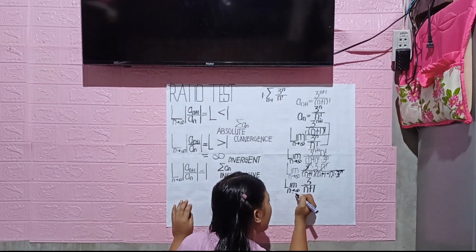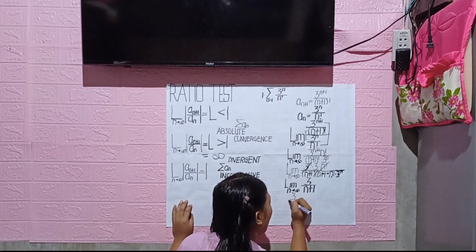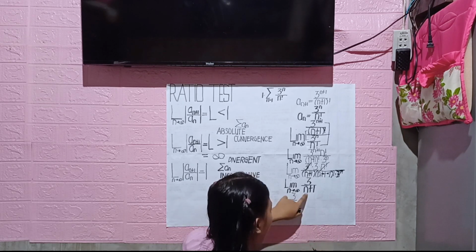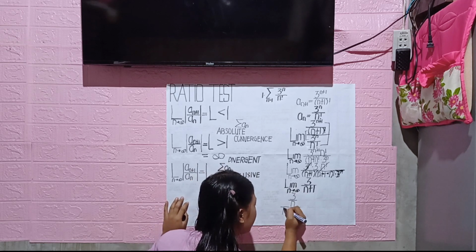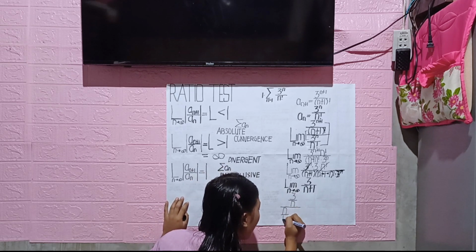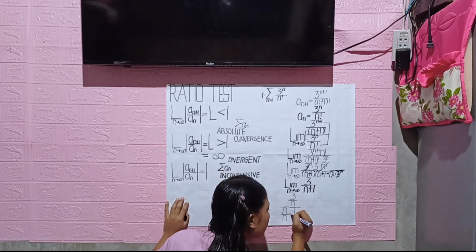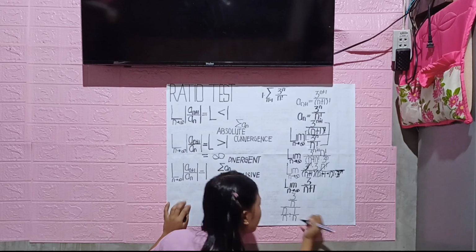So 3 over n divided by n over n plus 1 over n.